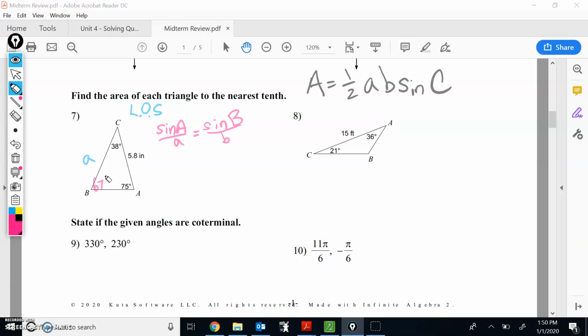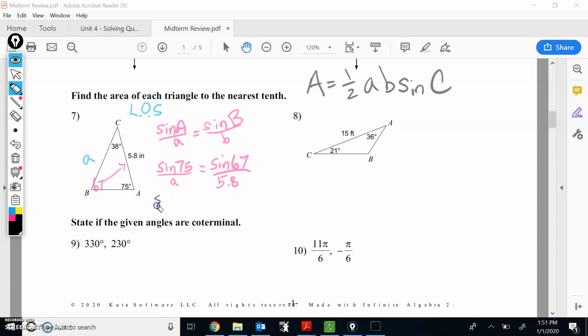Now plugging these into the law of sine formula, we get sine 75 over A, which we're trying to find for this formula, equals sine 67 over B. B in this case is 5.8. We're going to cross multiply and solve.